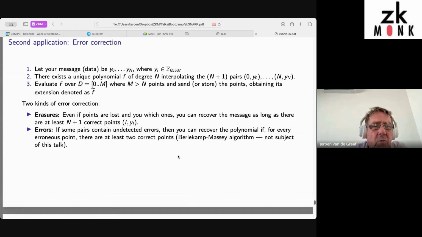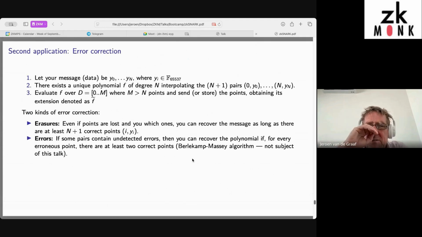Now what we can see here is that there are two kinds of error corrections. We can have erasures. An erasure is when something gets lost, a point gets lost, but you know which point gets lost. Then you can recover the message as long as you have sufficiently many points.